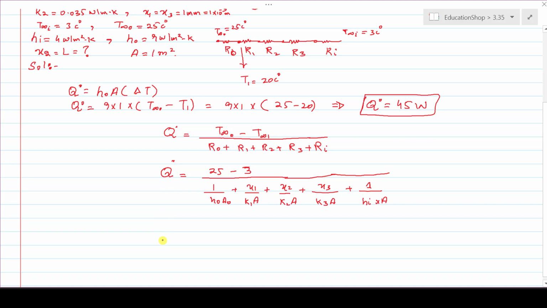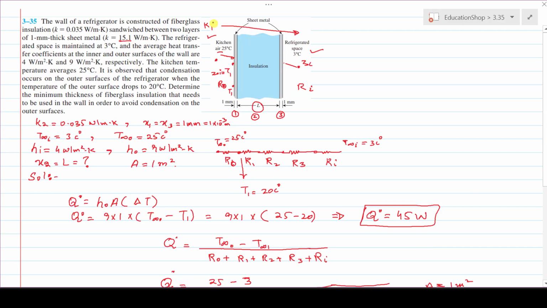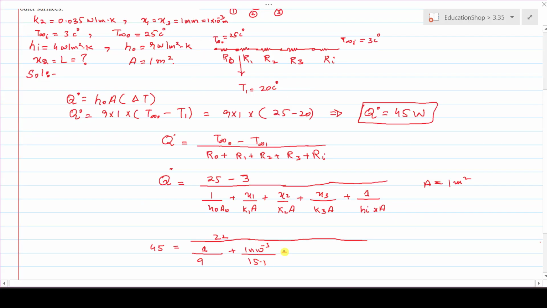Amount of heat transfer is 45 and change in temperature is 22. The H0 value is 9. Take the value of A0 A is 1 meter square plus X1 value is 1 millimeter. Here you can see the value of X1 and X3 is the same, that is 1 millimeter, 1 multiply 10 to the power minus 3, divided by thermal conductivity, and the thermal conductivity of K1 and K3 is 15.1, plus X2 is the requirement to find, that is L, the thickness of the insulation.